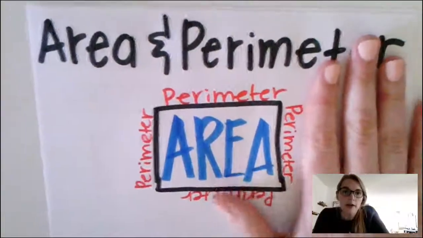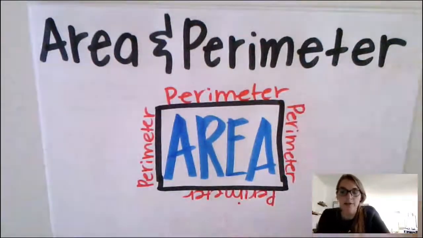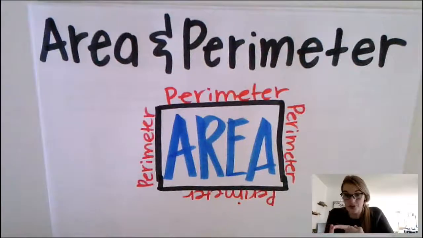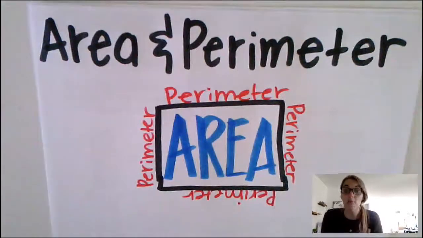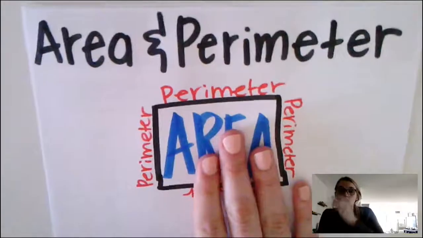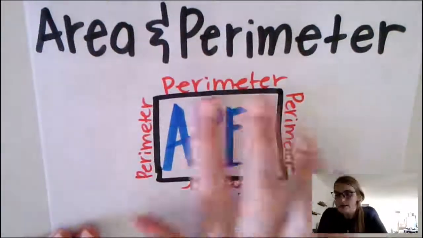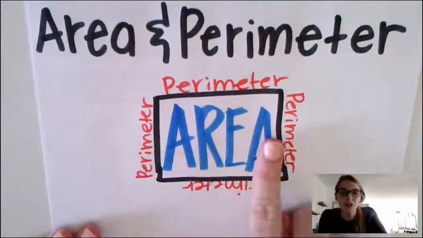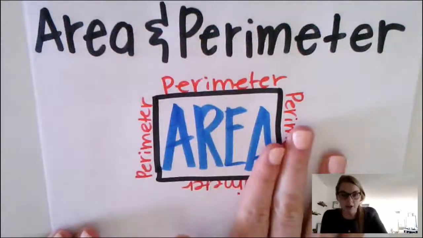So when talking about area and perimeter, I know you guys are great at this. I've seen you work on it last year, I've seen you do it in the escape rooms this year, and I've also seen you complete it in your math logs. So you guys know that area is how much surface area is covered.